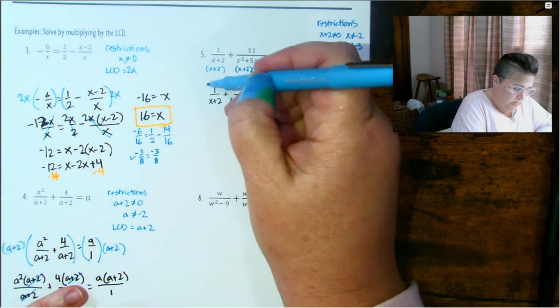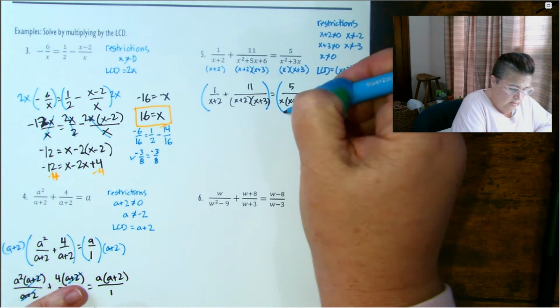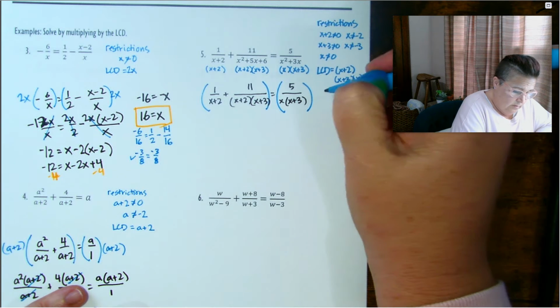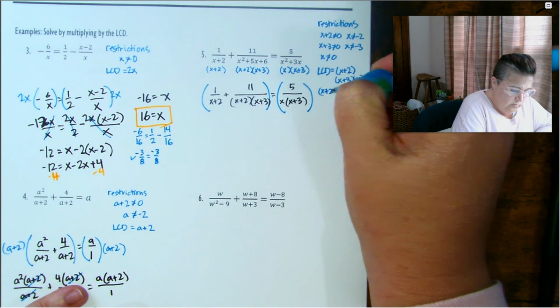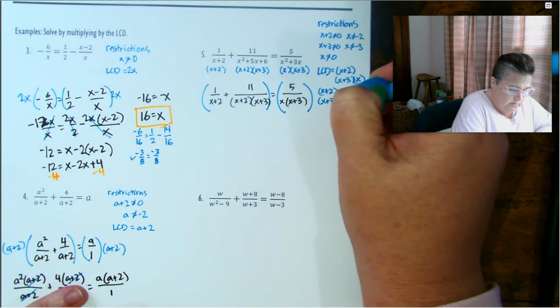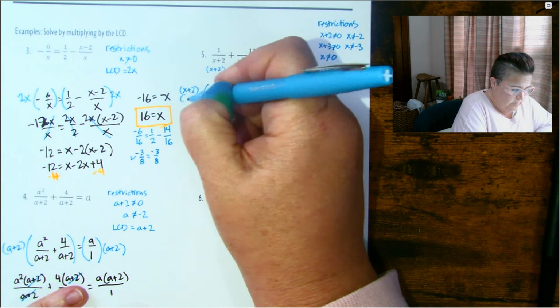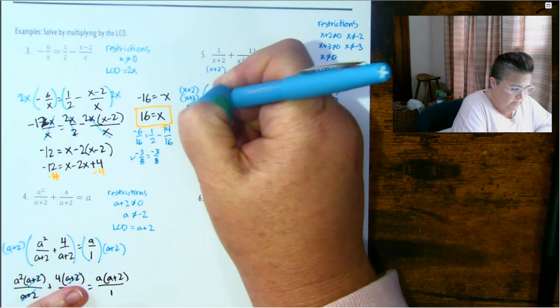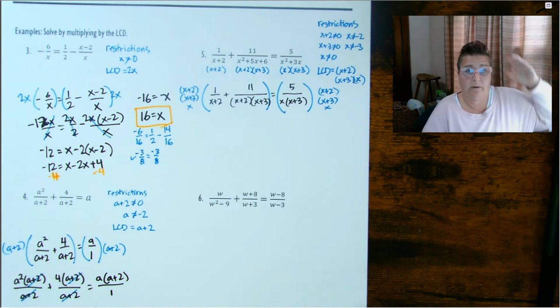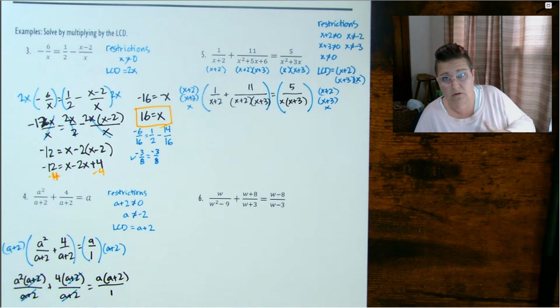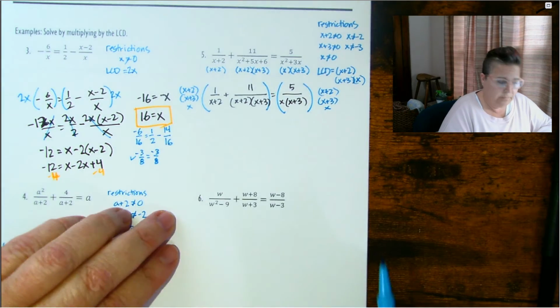Okay, I'm going to multiply each side by x plus 2, x plus 3, x, x plus 2 times x plus 3 times x. I just ran out of room, so I'm writing them vertically rather than horizontally. All right.